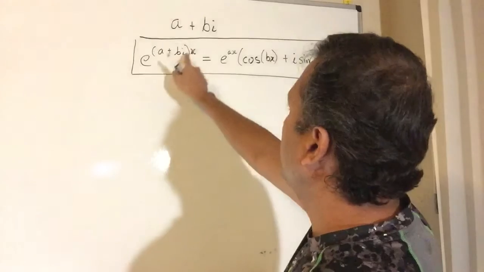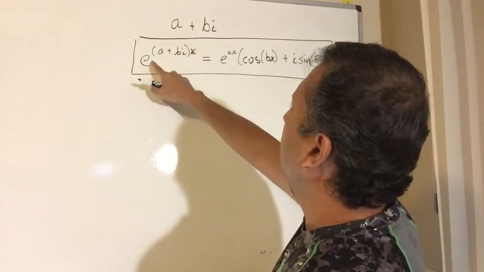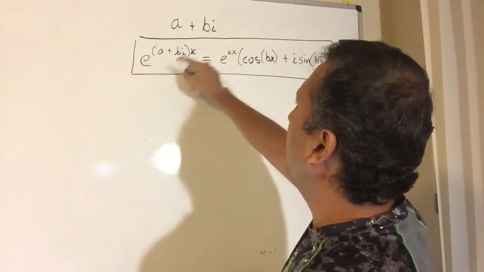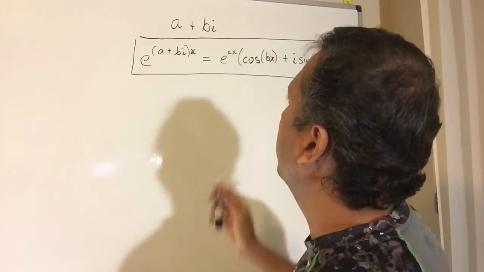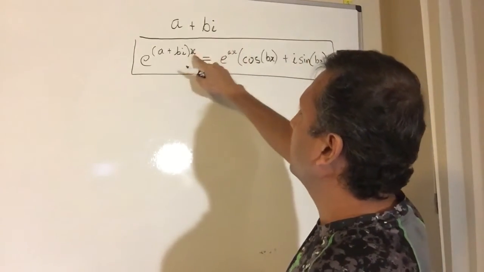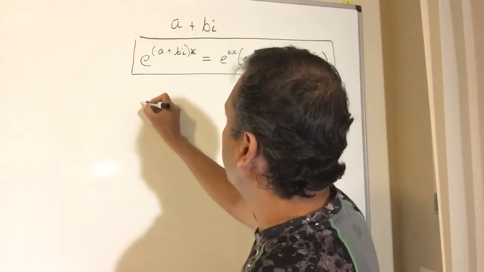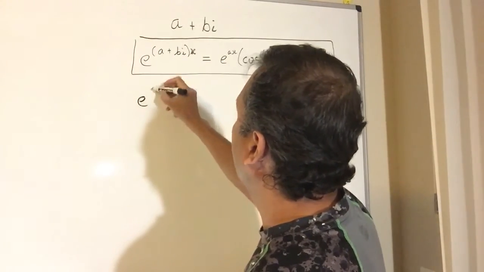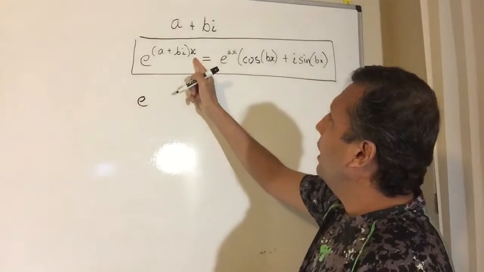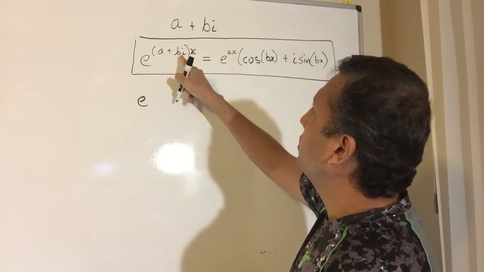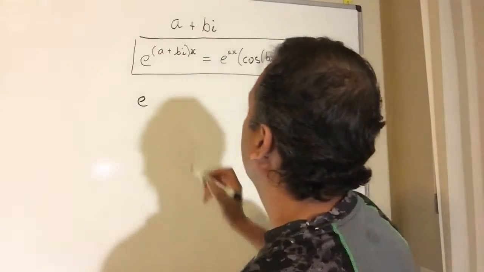Okay, so let's look at this. e to a power, and the power is being multiplied by x. So what I'm going to do is I'm going to write e, and then I'm going to multiply x to each of these terms inside the parentheses.